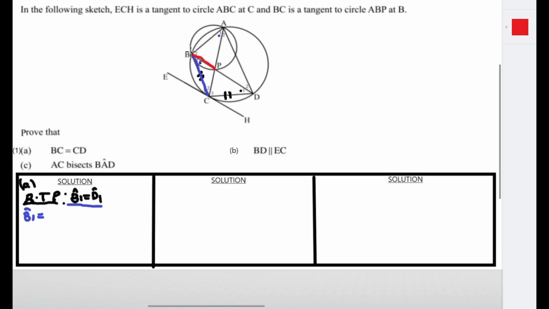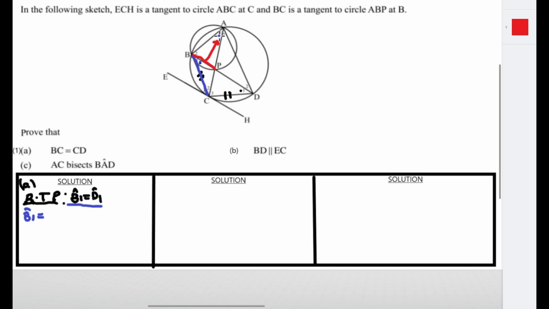This is a tangent, but just look for the chord. This chord BP of circle ABP is exactly opposite to angle A1. So B1 is equal to angle A1. That is the tan chord theorem.